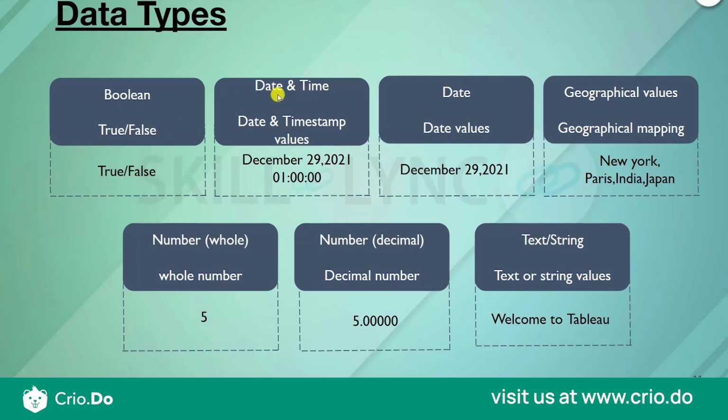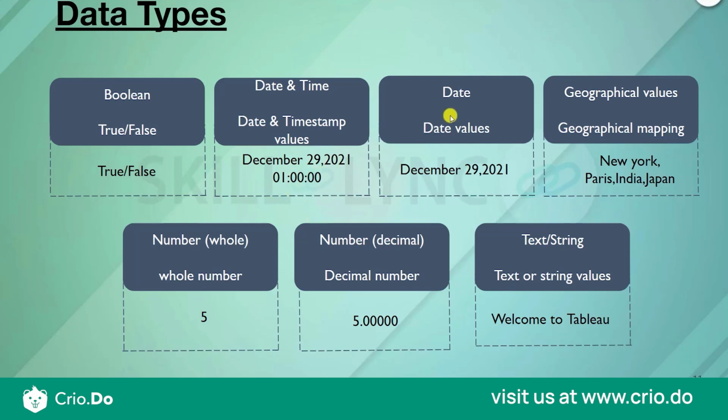And date and timestamp values would be like this. Date comes like this. We still see different formats like month first or date first, but with the calendar icon, and if it also contains the timestamp, it will be looking like this.